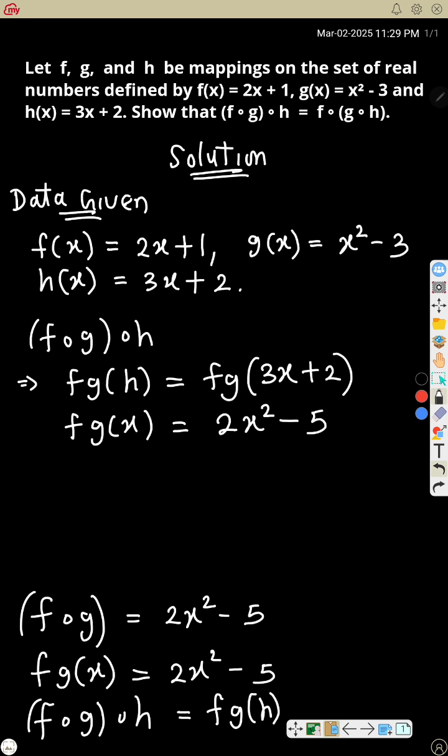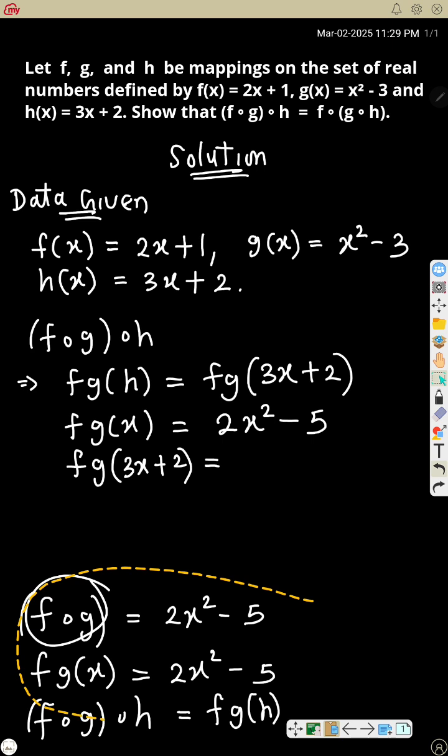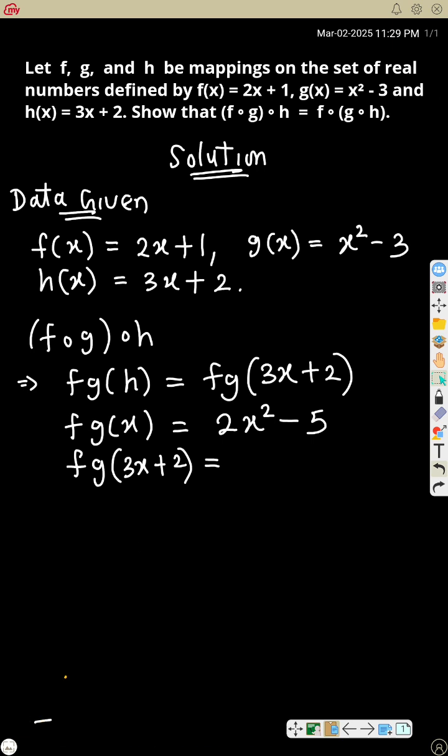Now, what is f of g of 3x plus 2? We already found f of g of x, which is the same thing as your f of g. So anywhere you see x, you put 3x plus 2. That is the meaning.